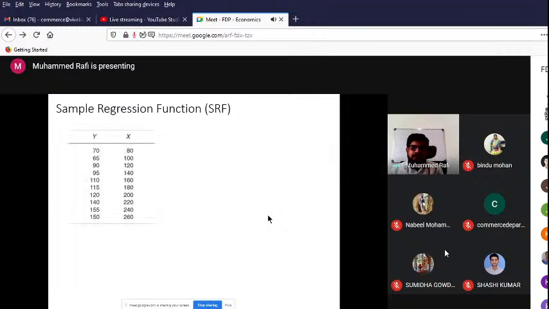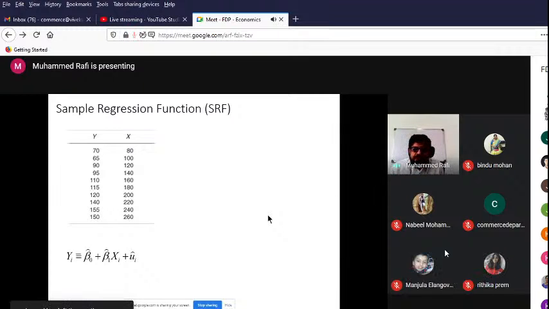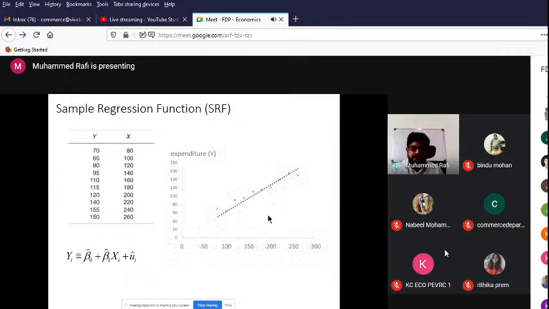That means, from these 60 families, you collect the data on income and consumption for, say, 10 families. Then you go for estimating beta 0 and beta 1. This is a sample regression function. We go for a sample regression function, and we would like to infer about the population regression function. So we usually go for a sample regression, not the population regression.